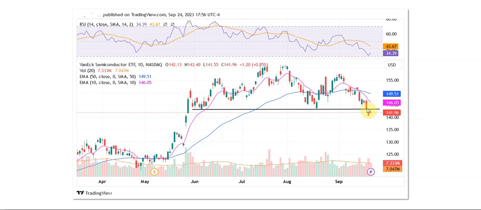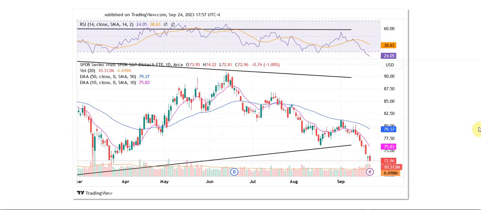Touched it on, I believe, Wednesday, and Thursday, Friday closed and traded below that level. So not looking good. Again, the 10 and 50-day moving averages have crossed. The price is below that. RSI below 50. So not looking good for that particular sector, the SMH, the semiconductor ETF.